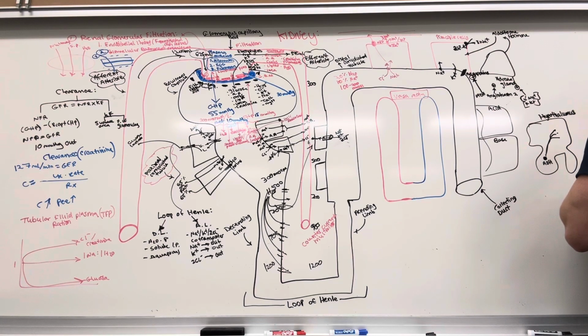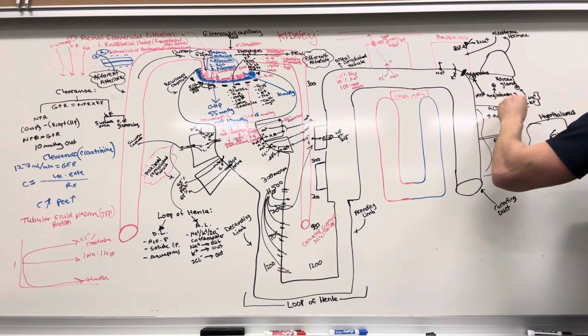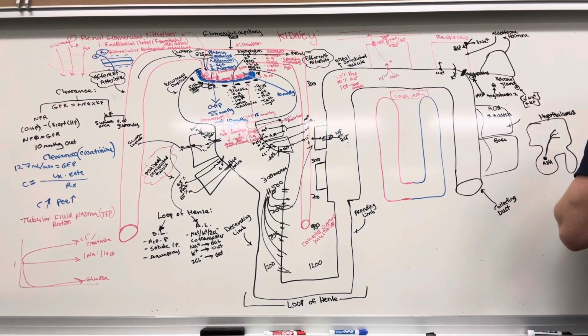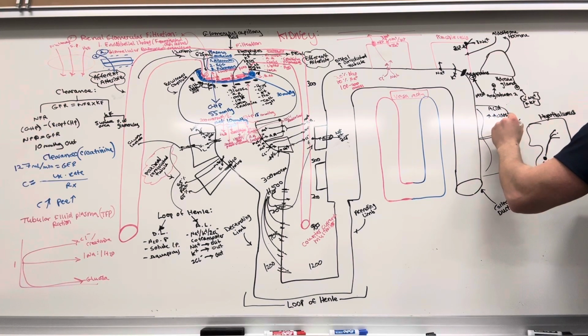But if we have high acidity in the blood, so it's acidosis, and we want to get rid of hydrogen, we can bring CO2 into the blood and combine it with water, and these two molecules mix and make carbonic acid, H2CO3.